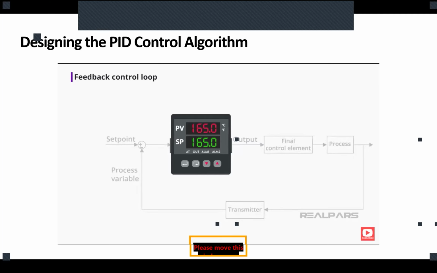The derivative block creates an output signal proportional to the rate of change of the error signal. The faster the error changes, the larger the derivative output. Derivative control looks ahead to see what the error will be in the future and contributes to the controller output accordingly. That brings us to a term called controller tuning.